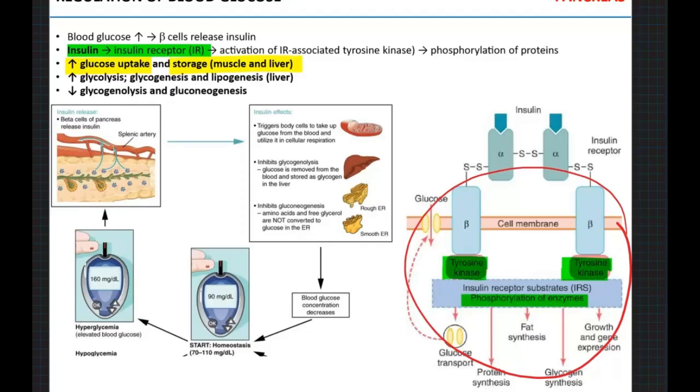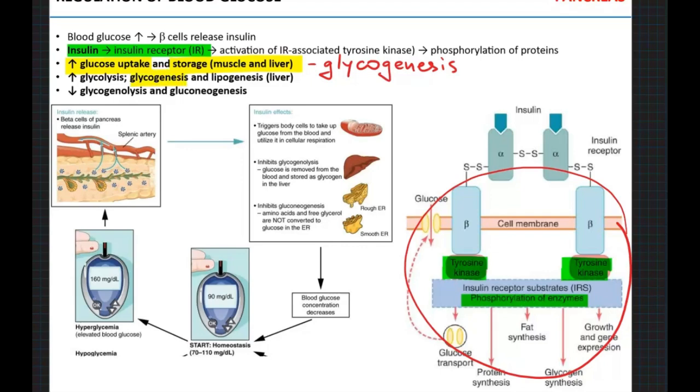You've already heard that. The word is glycogenesis. It is increased synthesis of glycogen. Okay?